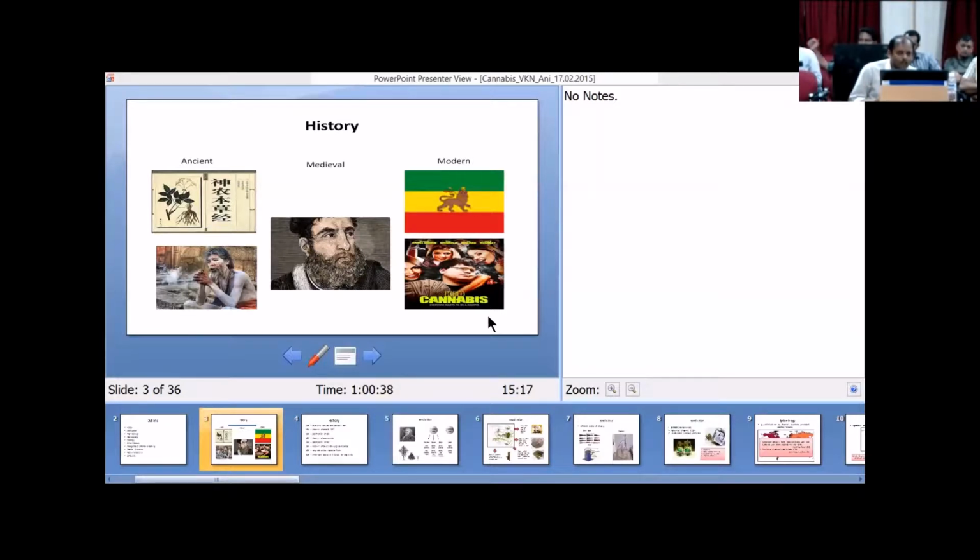Not to mention the Babylonian and the Assyrian civilizations, from where probably the etymological origin of the word cannabis came. From the ancient time down to the medieval ages, cannabis was equally prevalent. We find references to cannabis in the writings of Marco Polo, who had traveled widely across the world in medieval times.